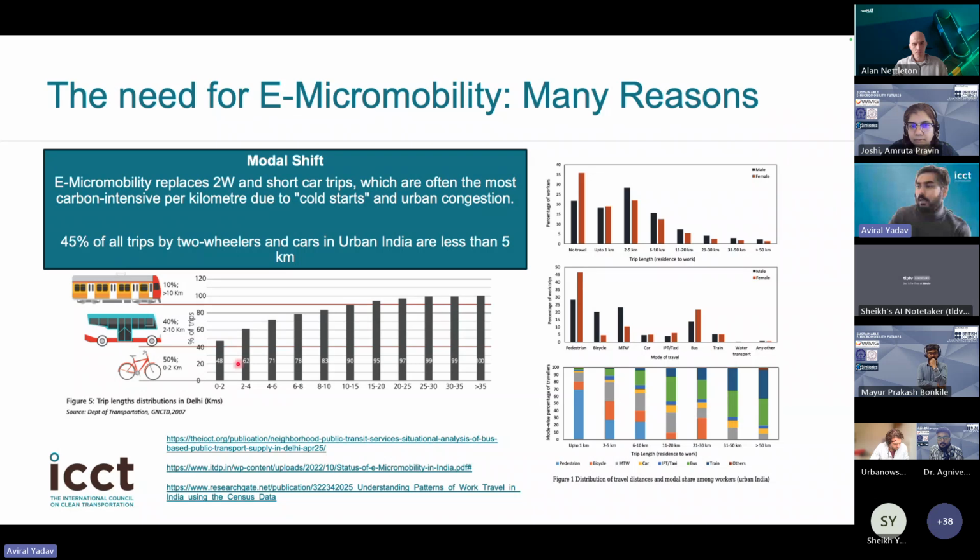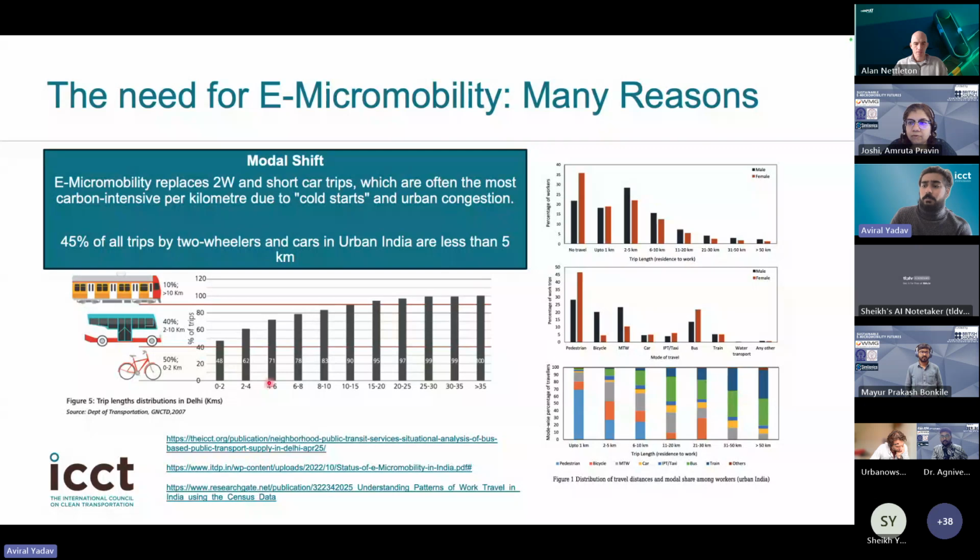Then about 62% of the trips are between 2 and 4 kilometers, for which the government says we should have some small buses or so. And with 4 to 6, we will cover about 71% of all the trips happening in India. I would say this is the share that we can target with micro mobility. Definitely less than 4 kilometers, but also some share of 4 to 6 kilometers.